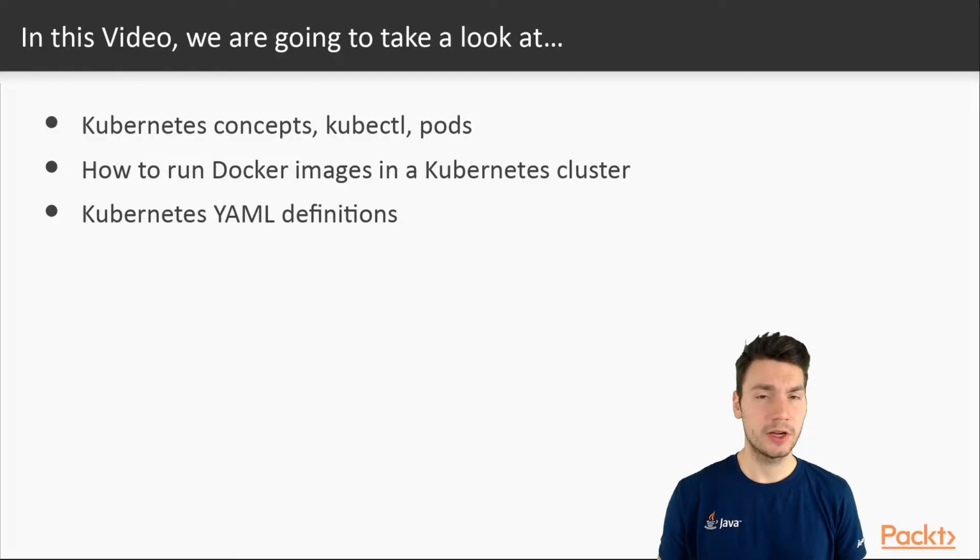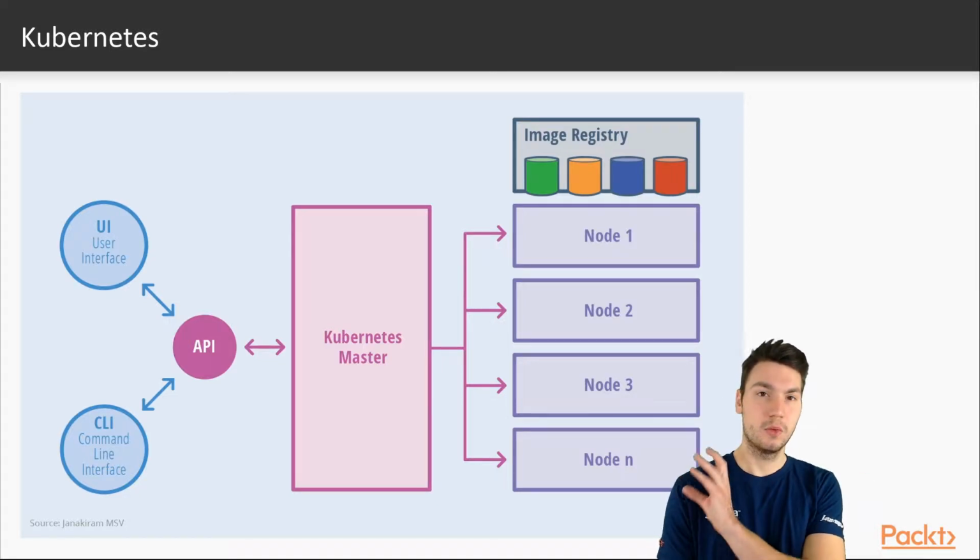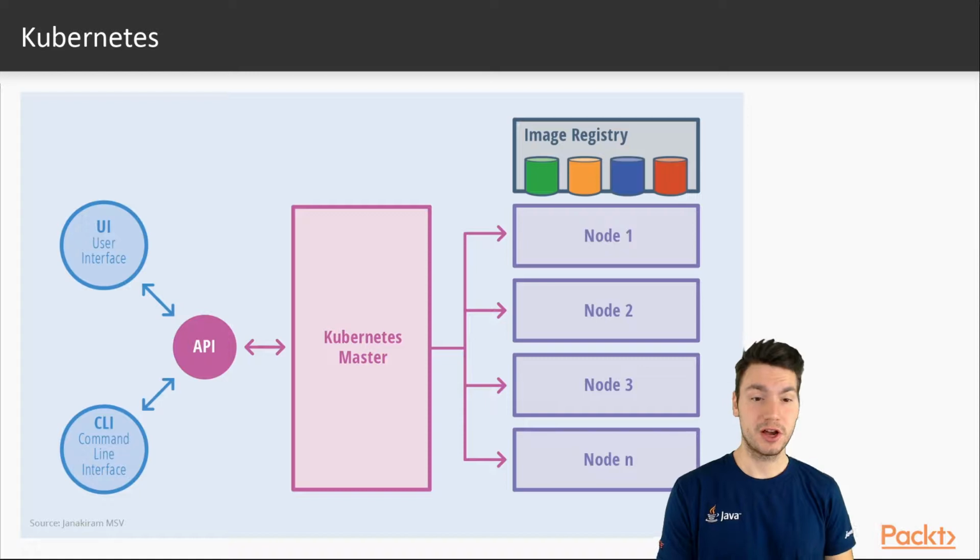And now we're going to briefly see the architecture behind that. So we have a couple of physical nodes that are all part of a Kubernetes cluster. And these nodes are the actual workload. So they run our Docker containers later on. And these nodes are orchestrated by a so-called Kubernetes master that is accessed via a single entry point via a single API.